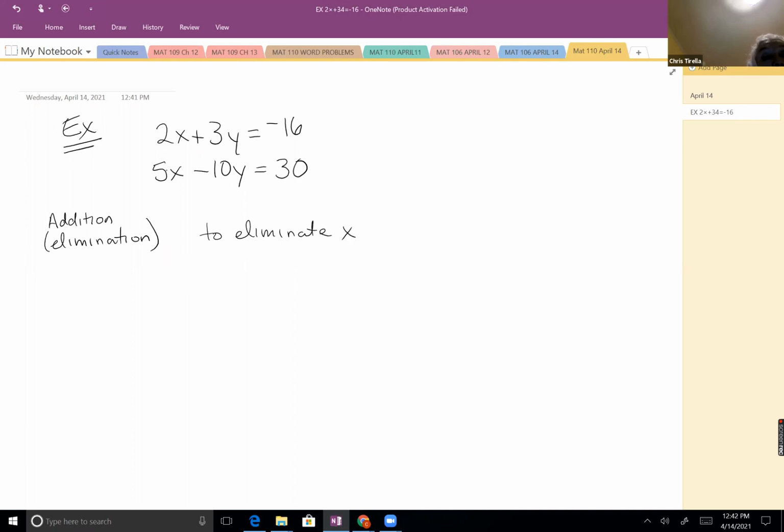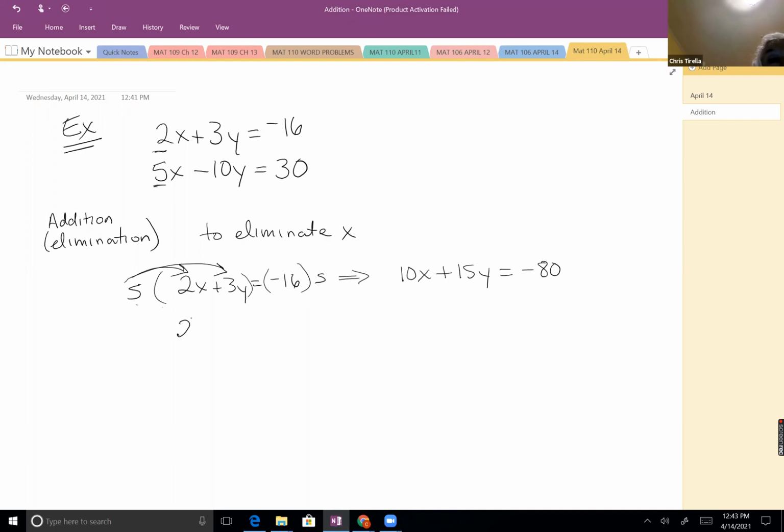since this has a coefficient of 2 and the other equation has a coefficient of 5, that first equation, 2x plus 3y equals negative 16, I would multiply both sides by the 5. Be careful, a common careless mistake: do it to both sides, and make sure you distribute. So that would give me 10x plus 15y equals negative 80.